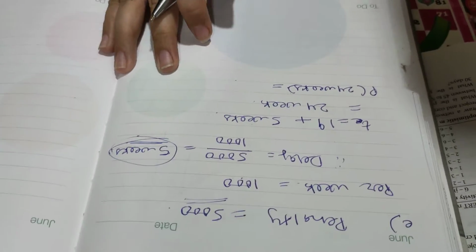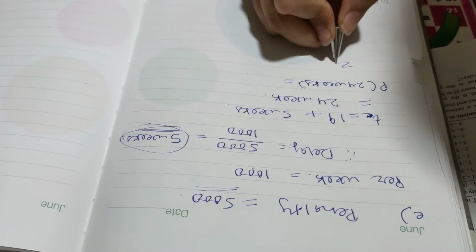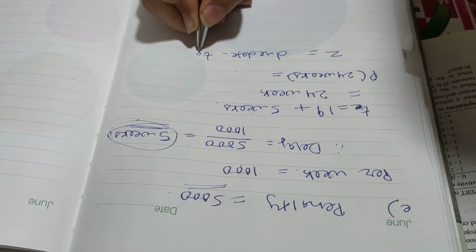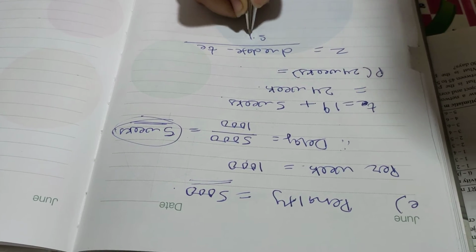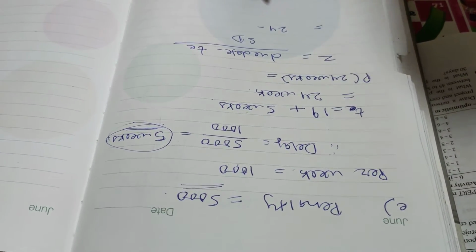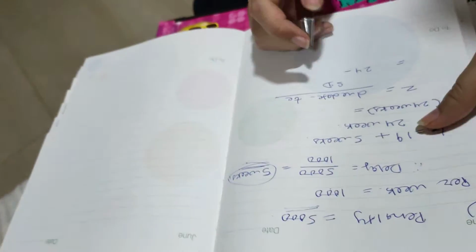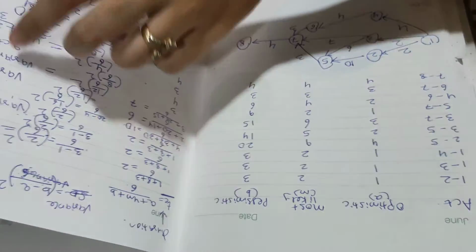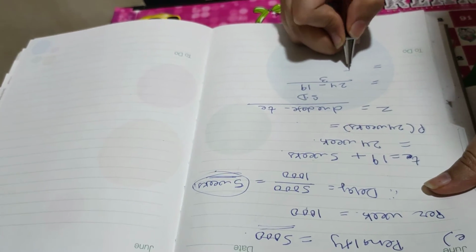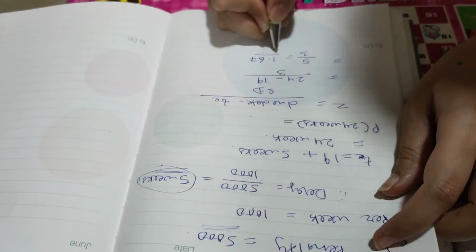more than 5000. Probability of 24 weeks will be calculated as Z equals to due date minus expected time upon standard deviation. Due date is 24 minus expected time is my critical path, that is 19 days, upon my standard deviation, that is 3. 24 minus 19 is 5 upon 3. 5 upon 3 comes out to be 1.67.